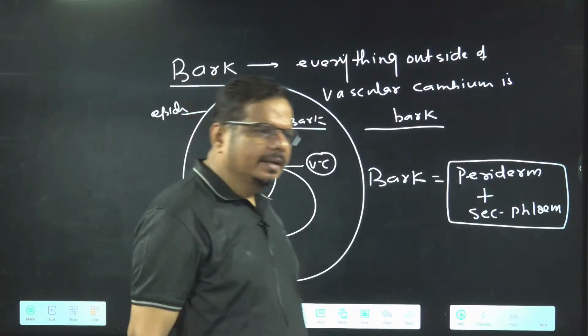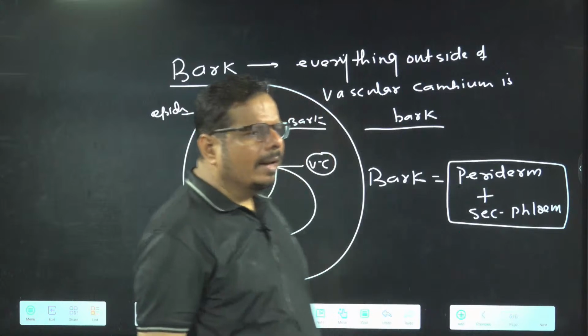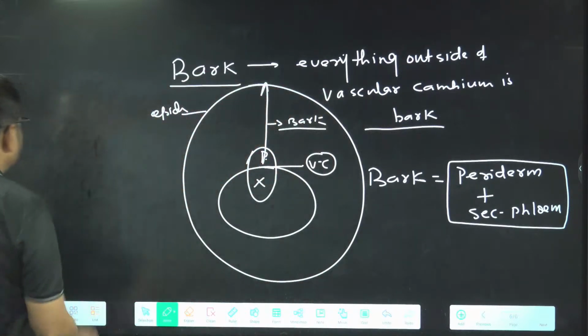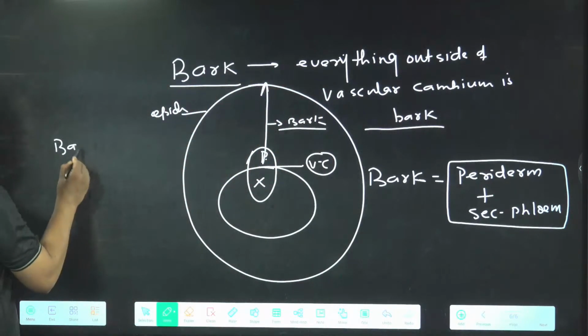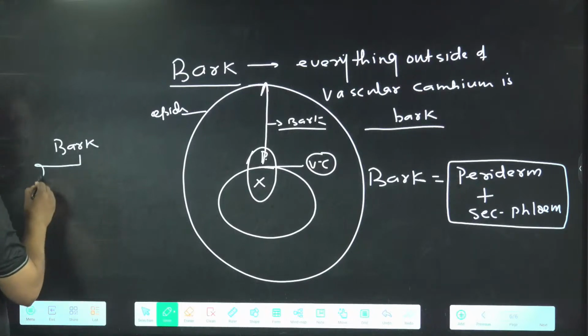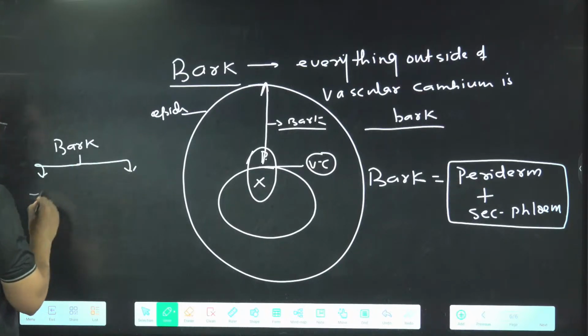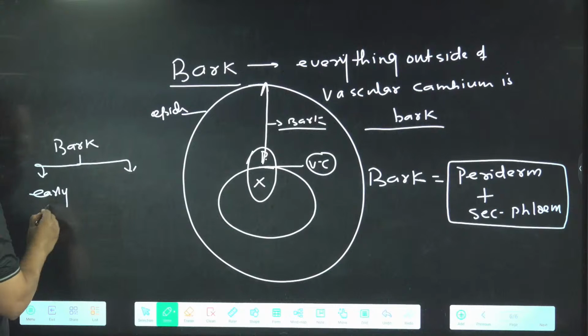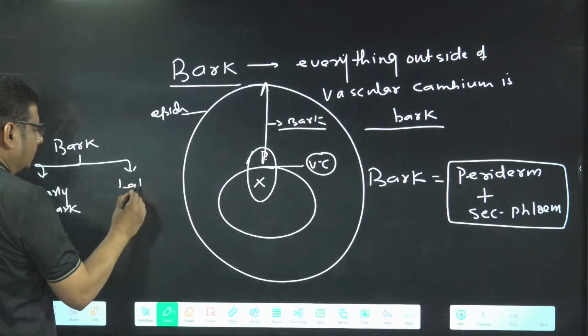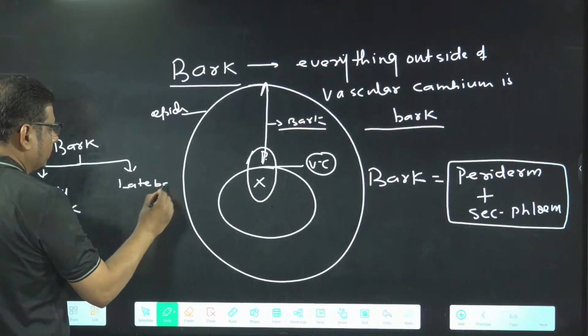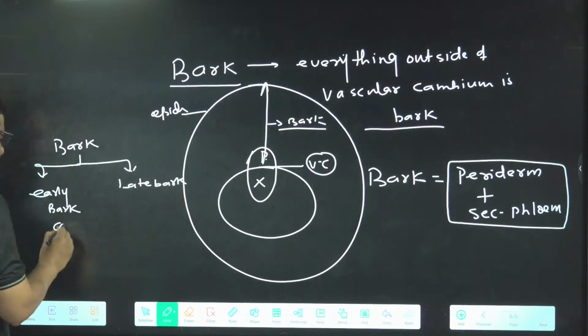Right? Done? Over. Now I am telling you NCERT wrote there are two types of bark. One is which one? Early bark, and another one is late bark. So early bark is also called which one? Soft bark.